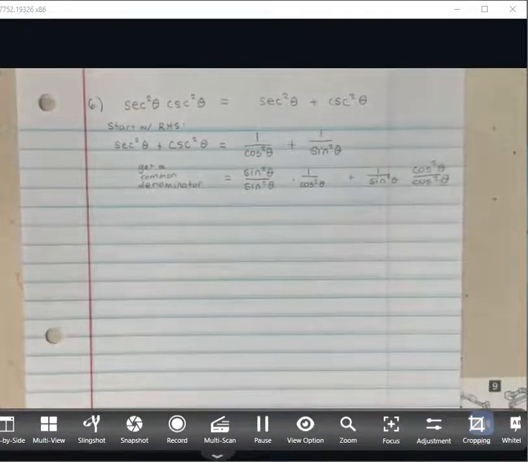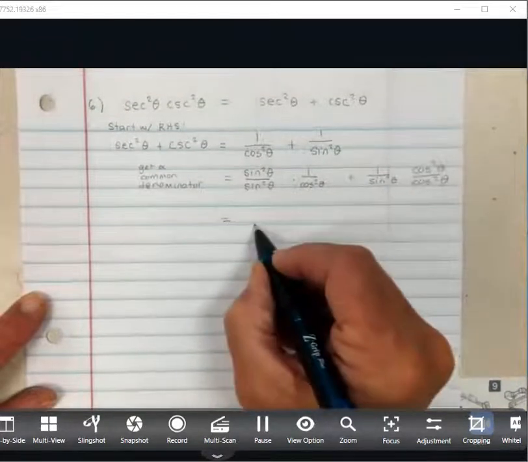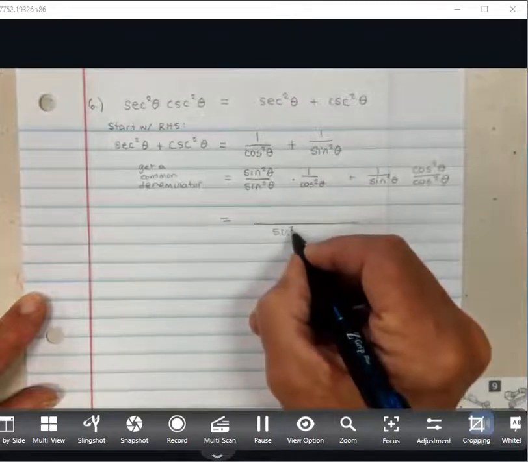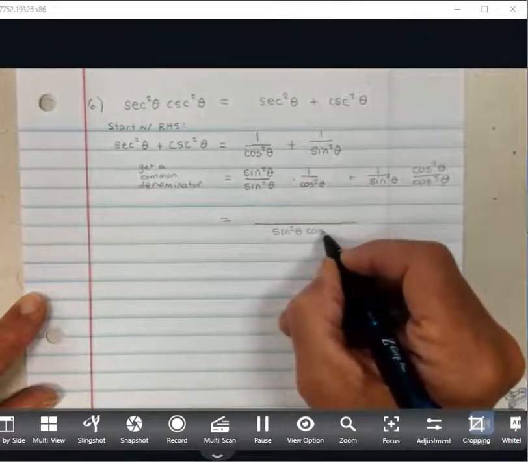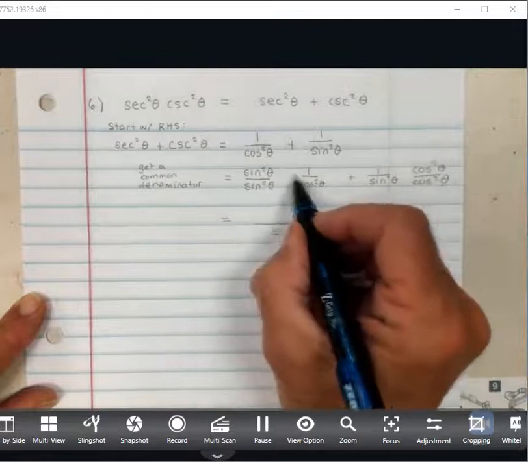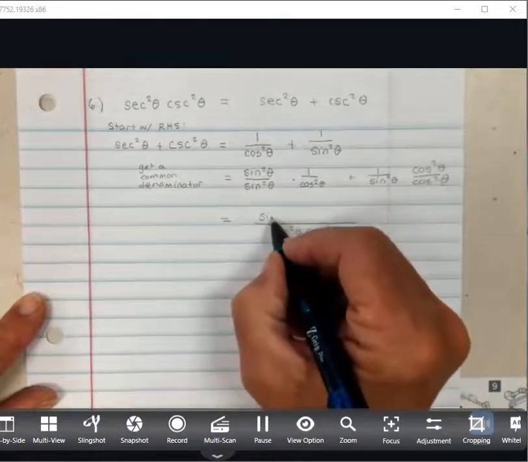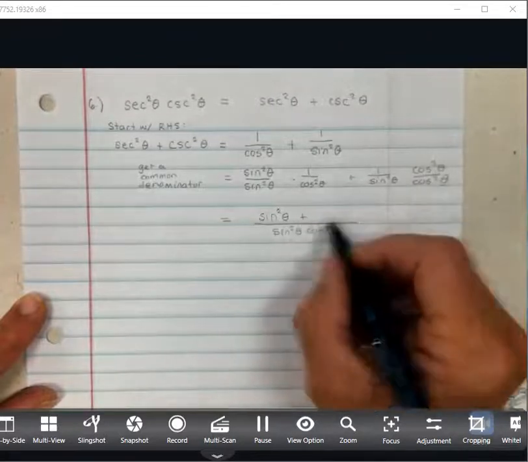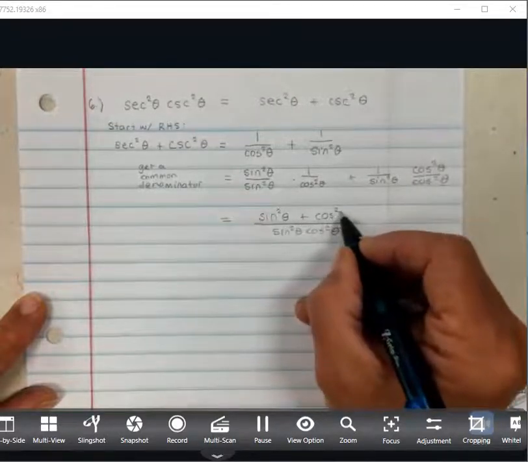So now both of them have a sine squared times a cosine squared in them. So I'm going to write them as a single fraction. And up here, I'm going to have sine squared times 1, which is just sine squared, plus 1 times cosine squared is cosine squared.